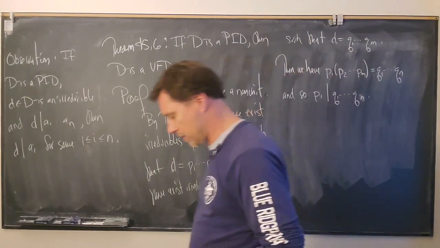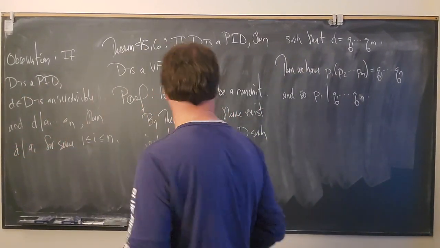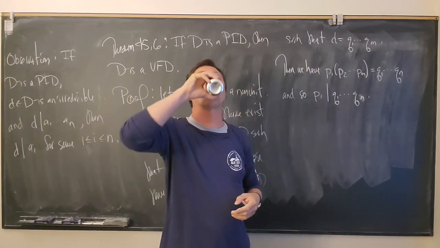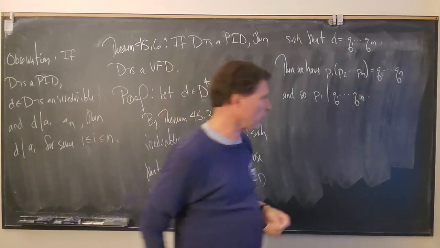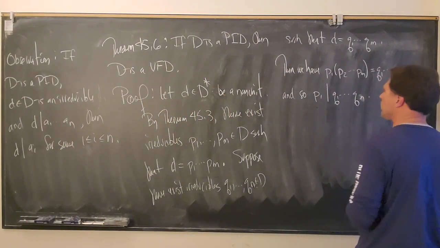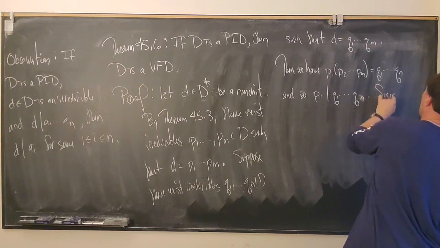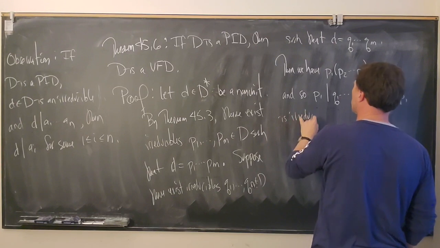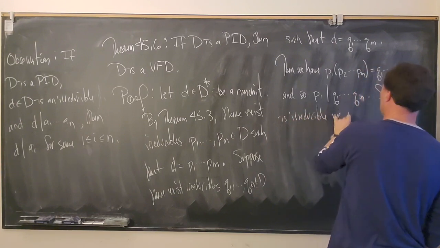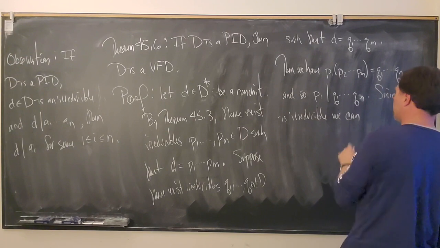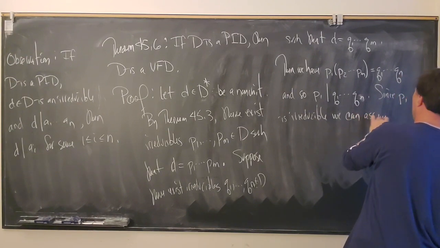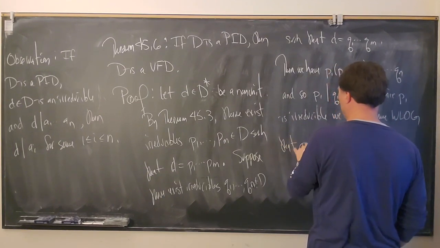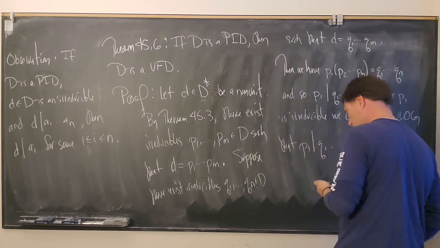So now, since P1 is irreducible, we know it divides one of them, so we can assume, just by reordering things and without loss of generality, that P1 divides Q1.